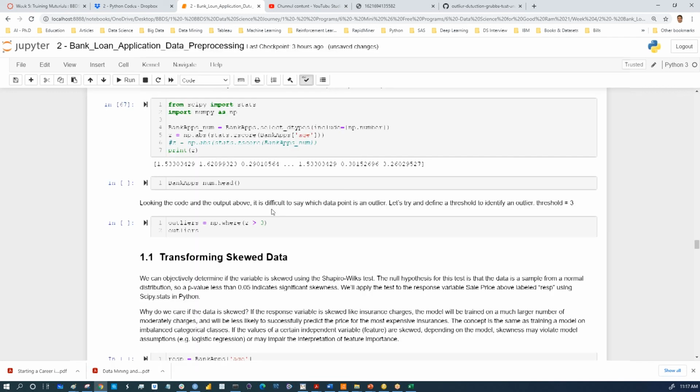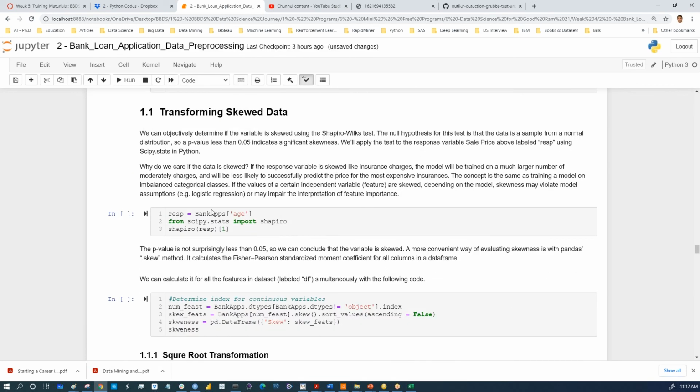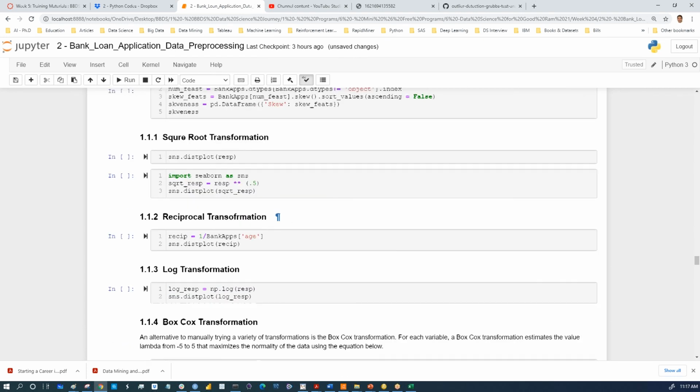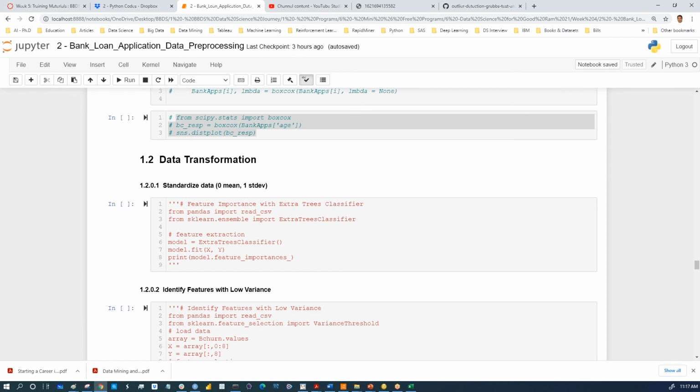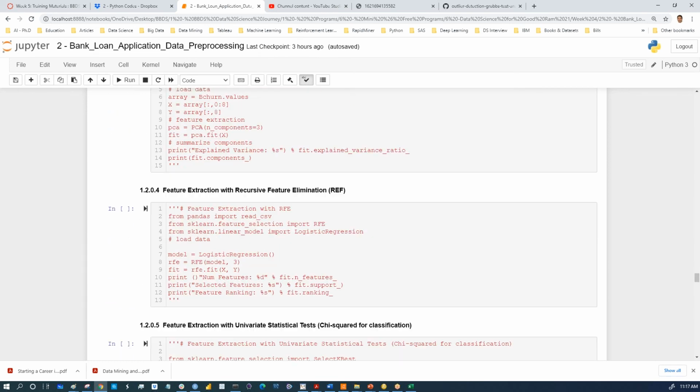Next week we are going to learn how to transform the skewness, and also how to transform the categorical into numeric.